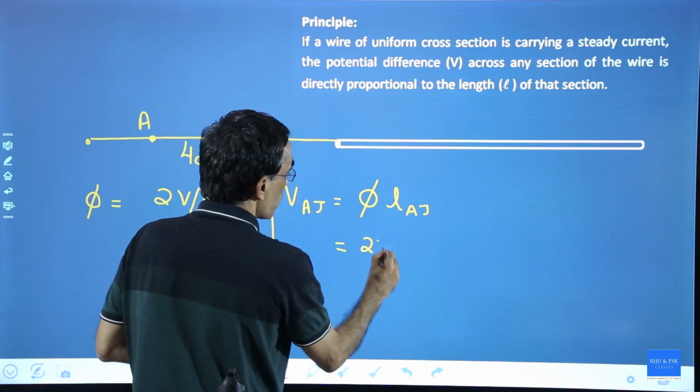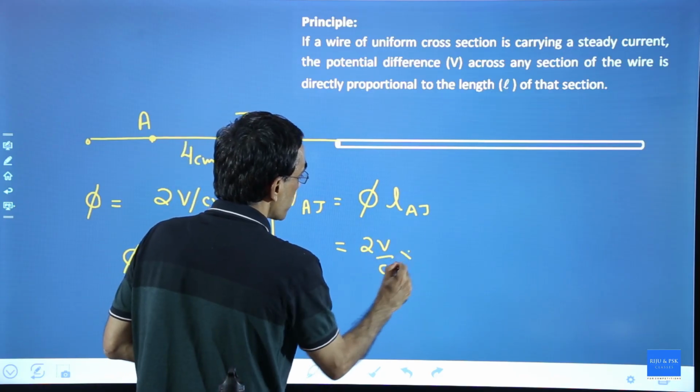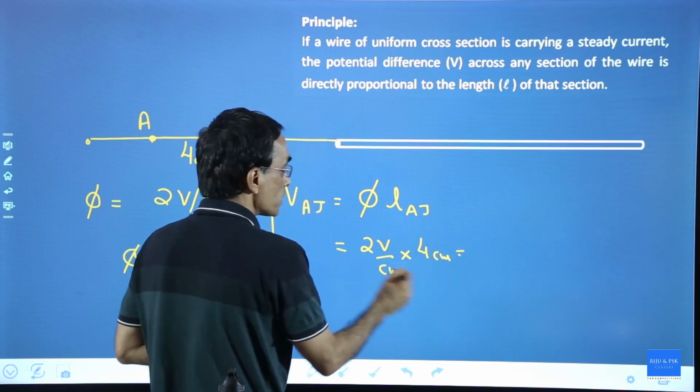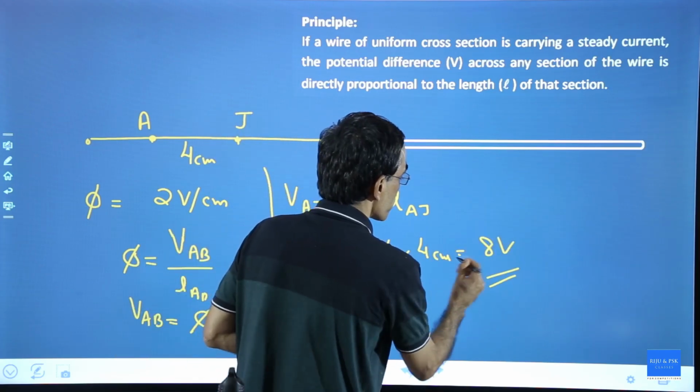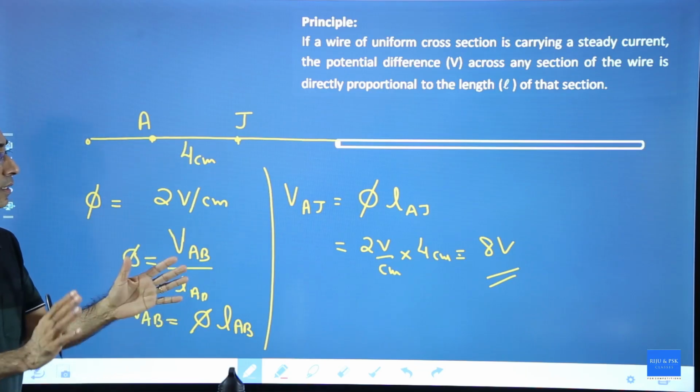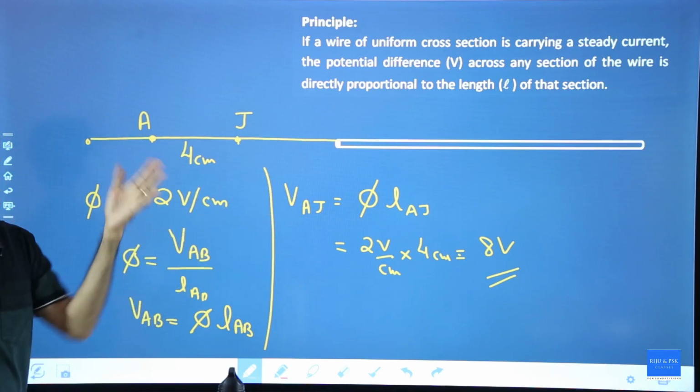So, this is 2 volt per centimeter multiplied by the length between them, 4 centimeter. You can see that gives you 8 volt. Potential gradient is given, you can find out potential difference.